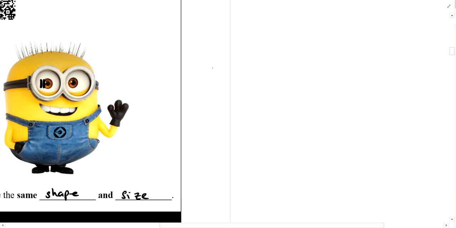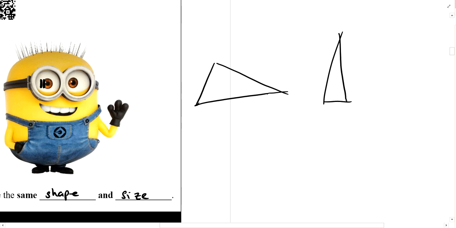Okay, how about this triangle and this triangle? Do they have the same shape? What are their shapes? They're both triangles, right? But when we use the word shape in congruency, when we say same shape, we are referring to the angles being the same.